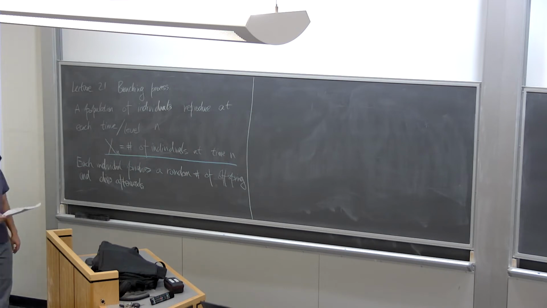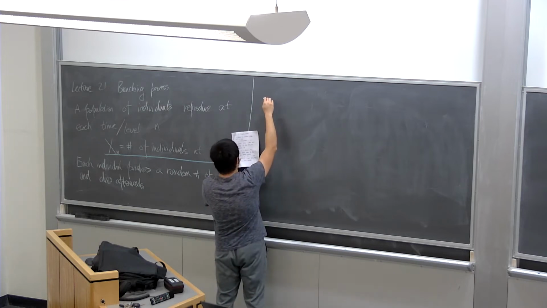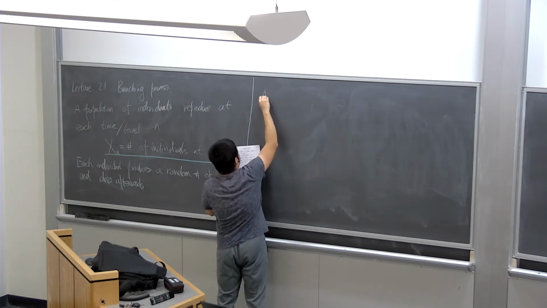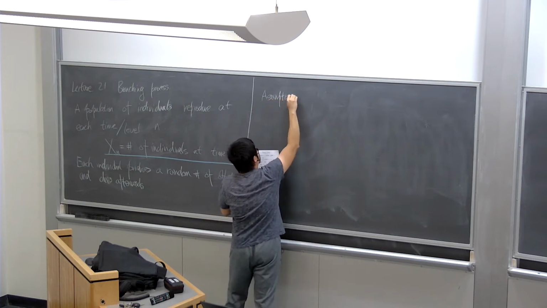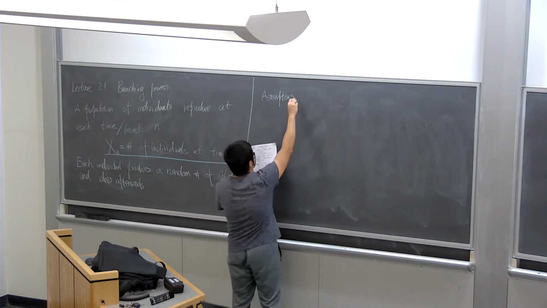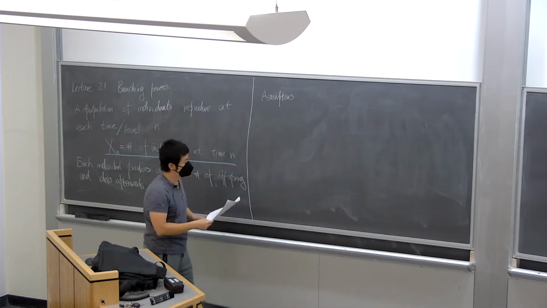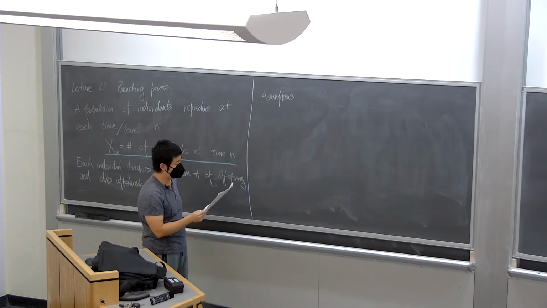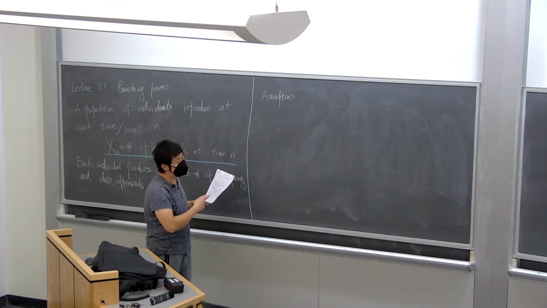And then there are also some assumptions about the reproduction process. Maybe it's helpful to draw for me too, I'll draw it next. So the assumptions: the way that each individual produces offspring, they follow some IID discrete random variable.